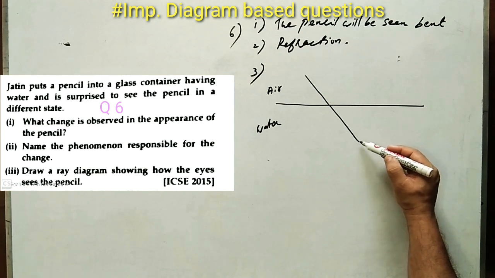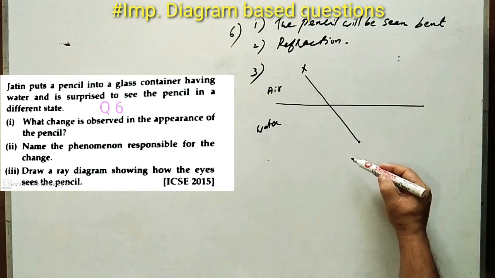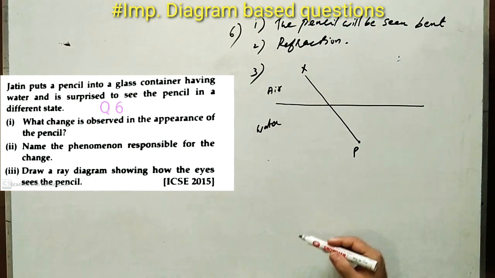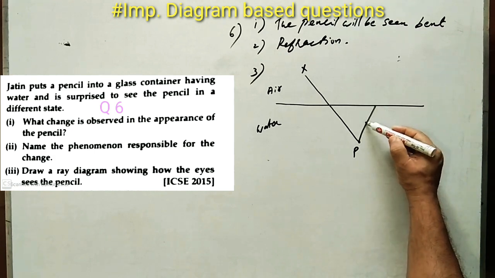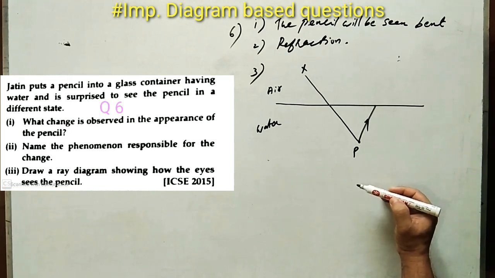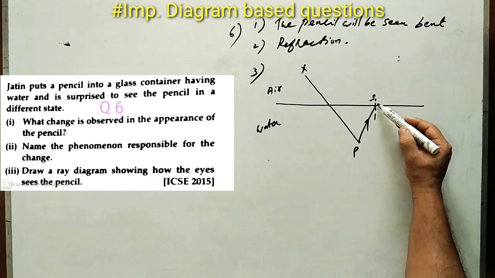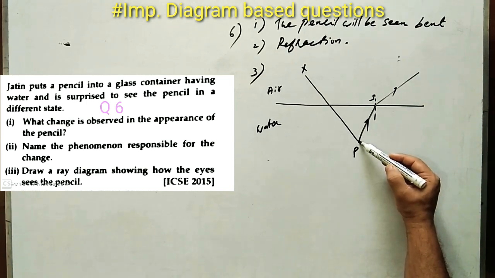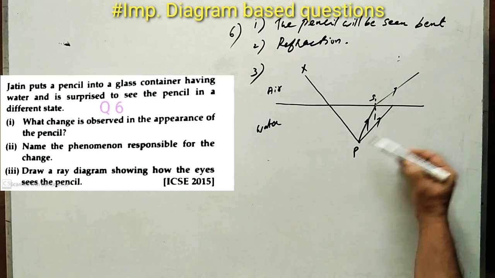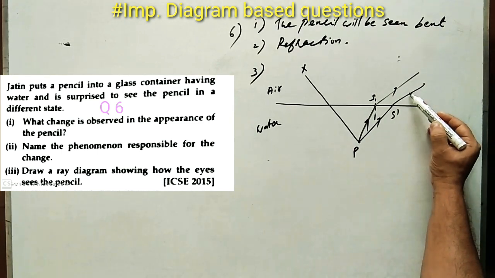A ray of light travels from the tip of the pencil. So let XP be the pencil. Two rays emerge from the tip of the pencil like this. One ray travels along PS. After refraction, it bends away from the normal. Another ray of light travels along PS dash, and again it is refracted.